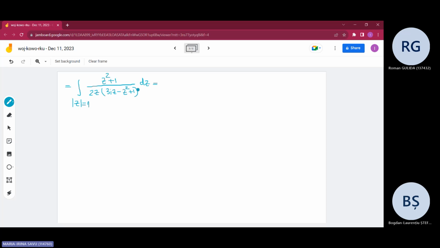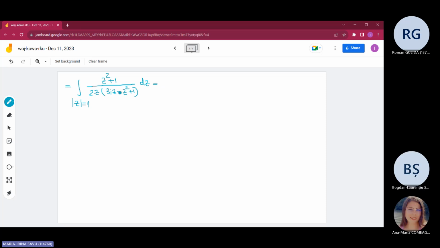Now, you have a minus which can be taken in front of this bracket, and you have modulo of z equals 1, and the function is this one over minus 2z times (z squared minus 3iz minus 1). And this is actually minus 1 over 2 times this one.